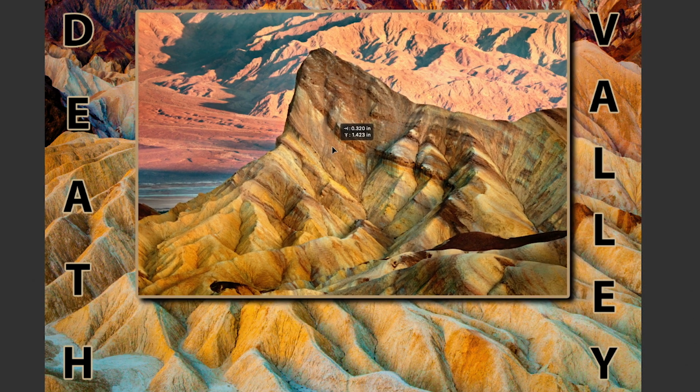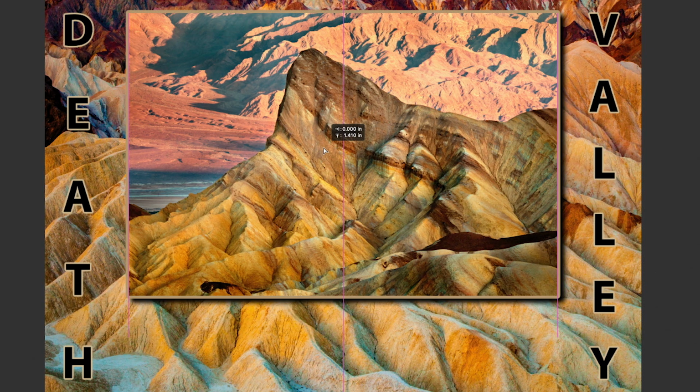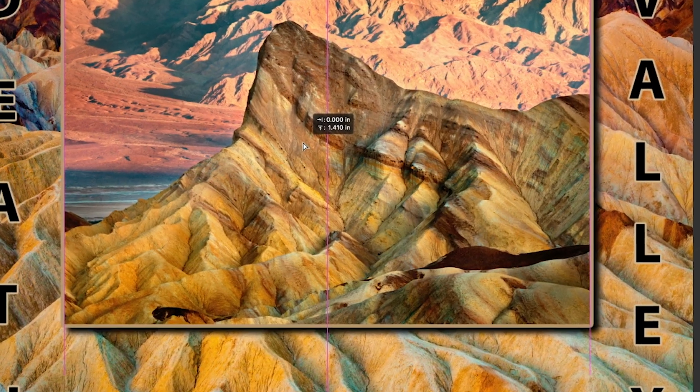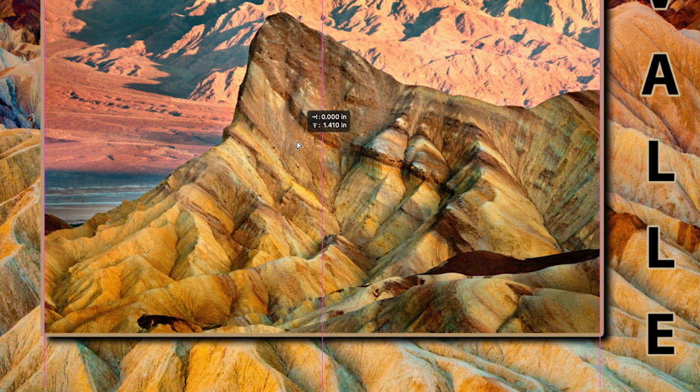You'll also notice if I slowly come to the center, we snap to the center, and if you look at the little pop-up status indicator there in the middle, it is indicating that on the vertical axis here, we are at the 0 point with the center of the content that we're currently moving here.